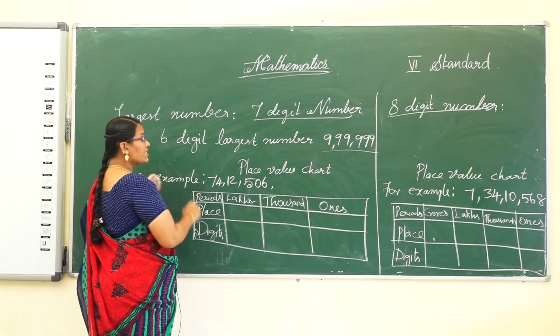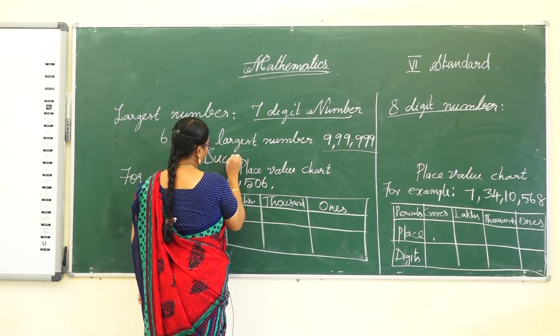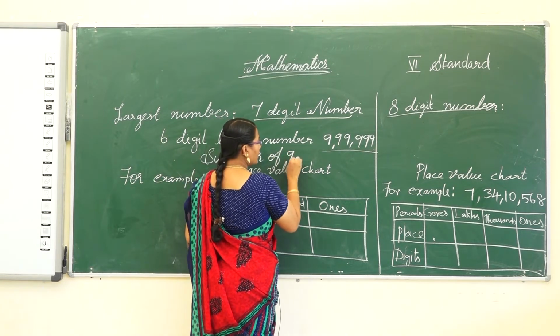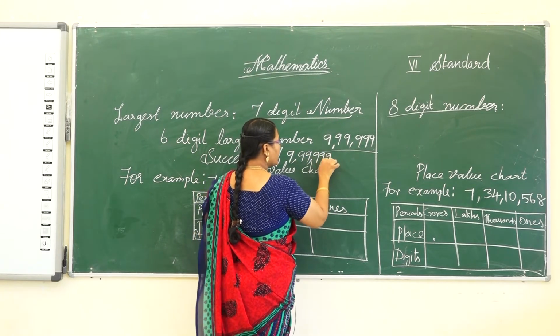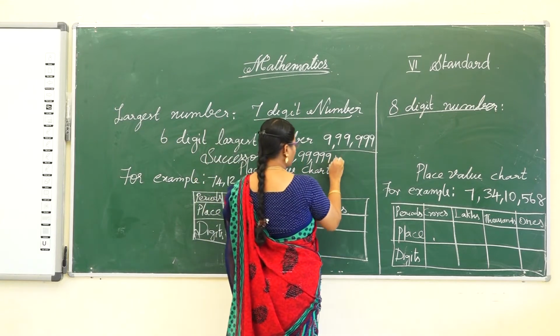And next, what is the successor of the 6-digit number 9,99,999? What do we do? Add 1 to the given number. So add 1. What do we get?